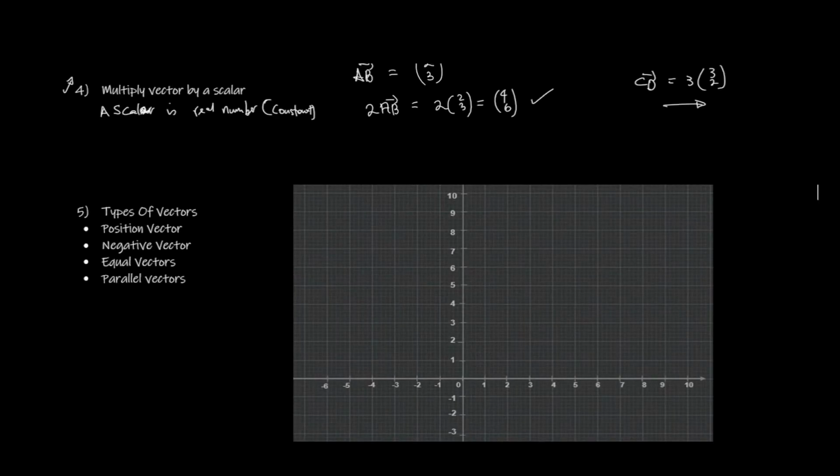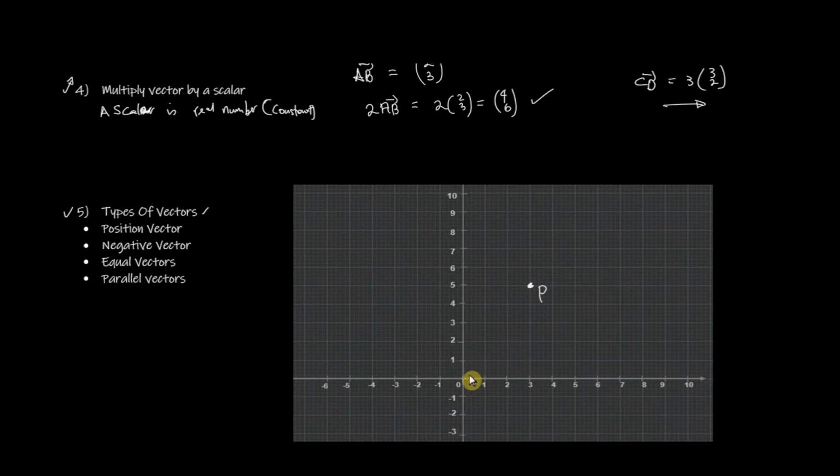So what are the different types of vectors? Well, first we have something that is called a position vector. The position vector is a special vector used to identify the position of a point. So for example, if I have a point P here, then the position vector simply helps me to identify where this point is located, and it uses a vector starting at the origin to do that.